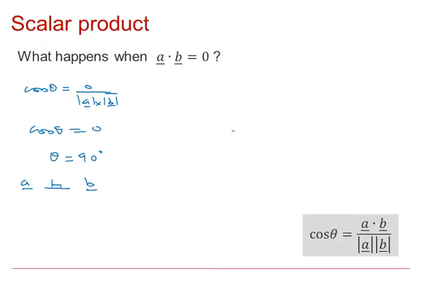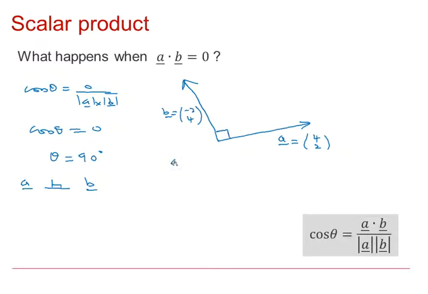And if I just make up a quick example, if we look at the vector little a, say (4,2), and the vector little b is (minus 2,4), we can see the gradient of this line is a half, and the gradient of that line is minus 2, so these are indeed perpendicular vectors.